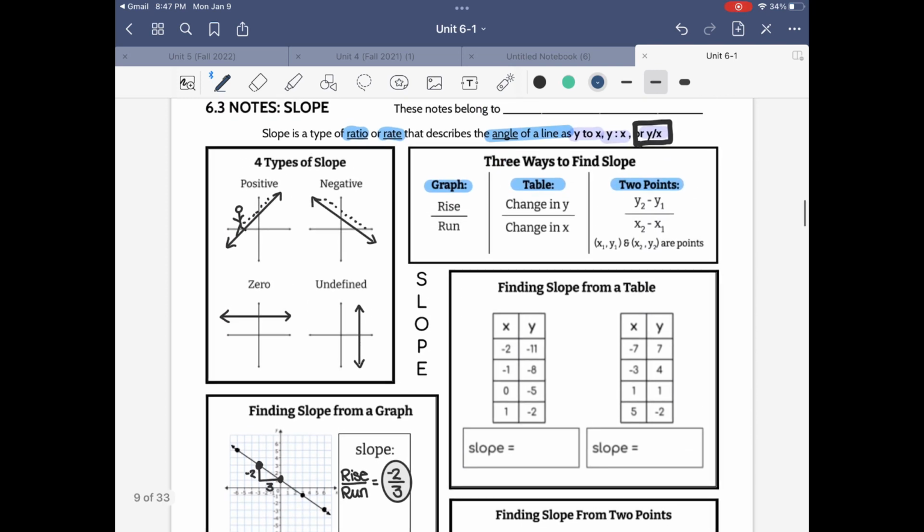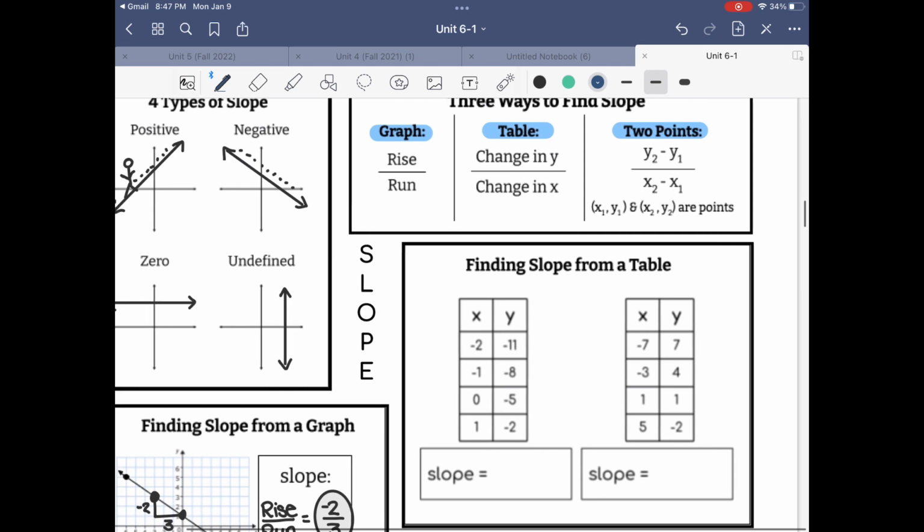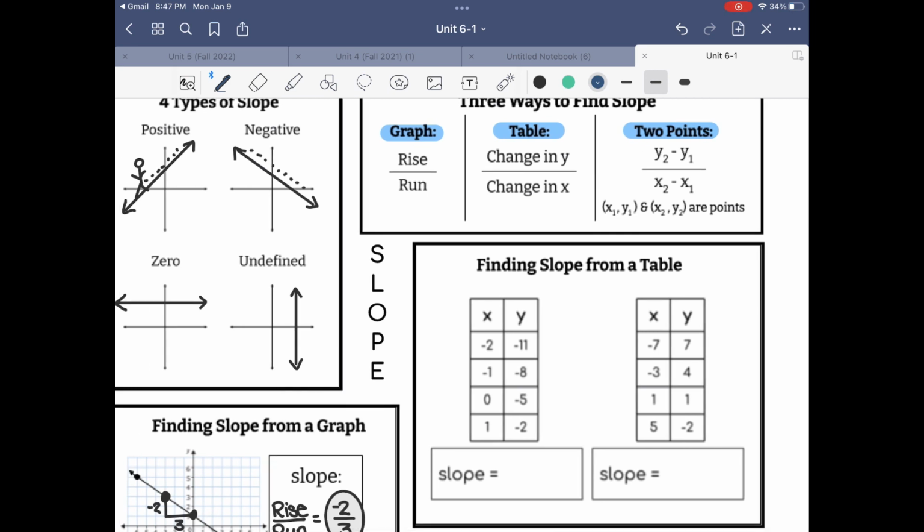All right, let's talk about finding slope from a table. Because I can't count rise and run like I could on the graph, instead I'm going to calculate the change in y. That's the rise, which means I'm going to look at the right side of my table. One y value is negative 11, the other one's negative 8. What am I adding to get from negative 11 to negative 8?